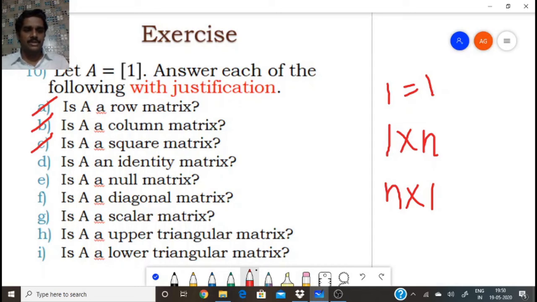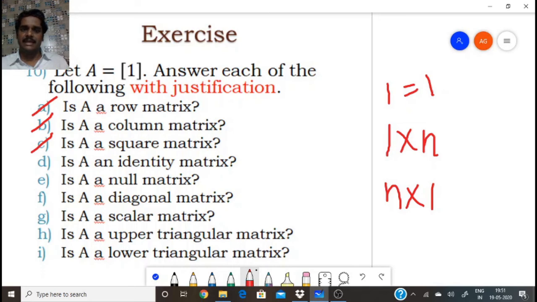What is your question number 4? Is A an identity matrix? What is an identity matrix? A square matrix in which diagonal entries are 1 and non-diagonal entries are 0. What we have in our case is a square matrix which has only one entry, that is A11.